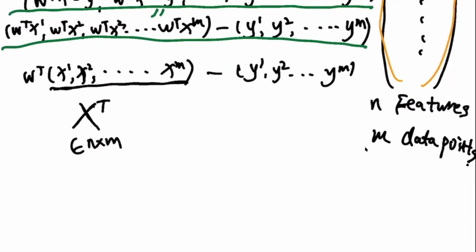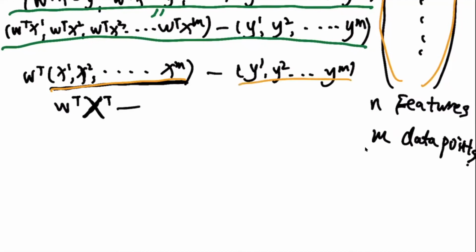So this actually is X transpose, an n by m matrix, and then I will write it like this: W transpose X transpose. This is uppercase X, representing the entire data set. And then minus what's this?